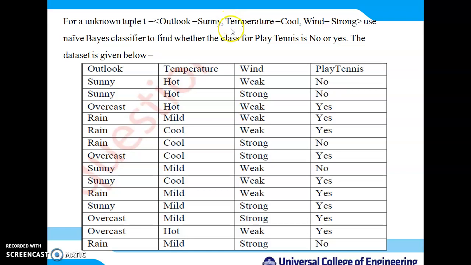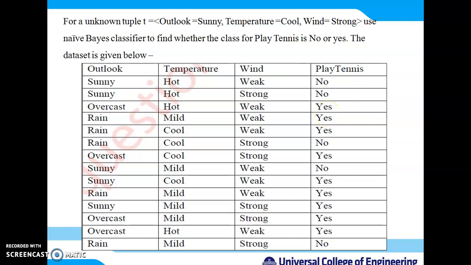So how can we decide the probability of this particular tuple? Dear students, it is very easy with the help of the simple naive Bayes classifier. This classifier depends completely on probability. So what do we have to do? We have to identify how many classes there are in this example. There are only two classes: either yes, we should play tennis, or no, we should not play tennis.